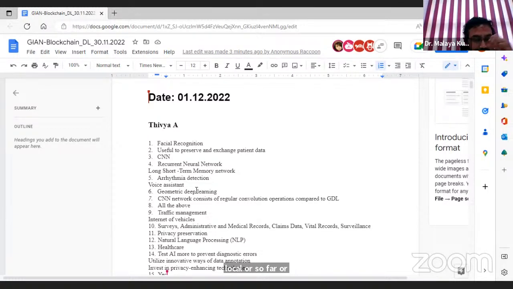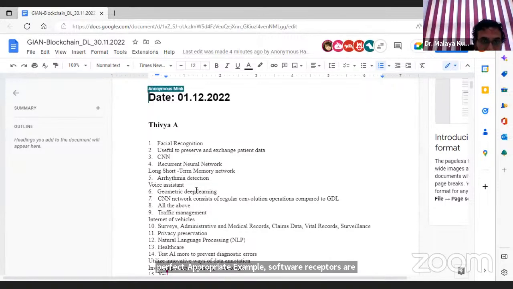In this case, blockchain is used to collect the ECG, and the deep analysis is performed by deep learning or a deep neural network. Traffic flow prediction is another area where researchers are mainly using recurrent neural networks and blockchain. So next we'll come to question number 6.